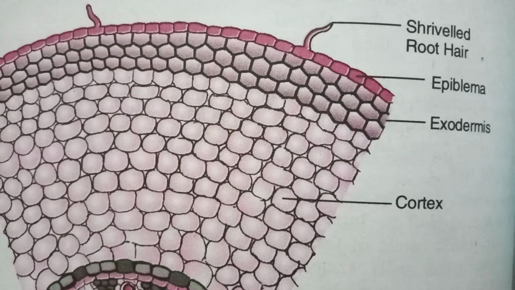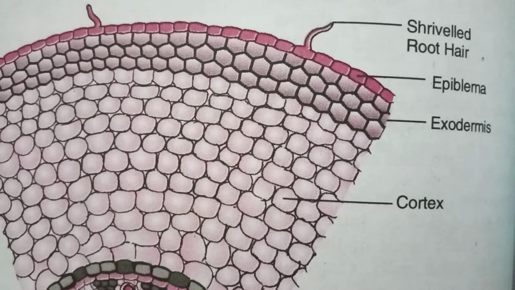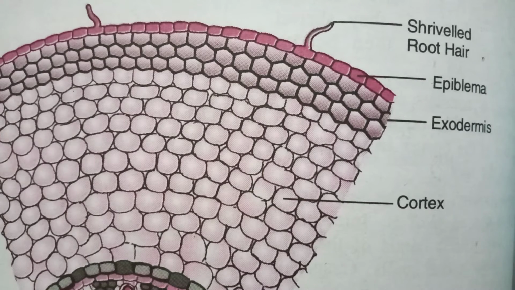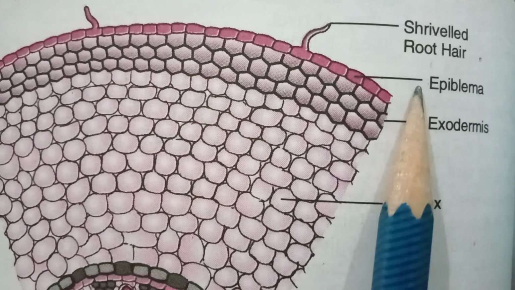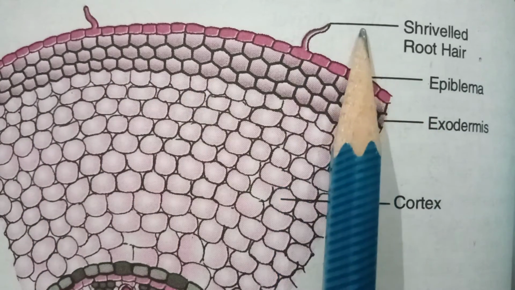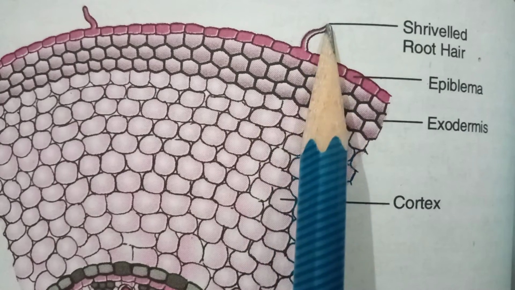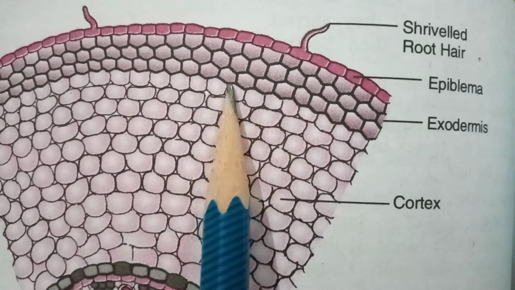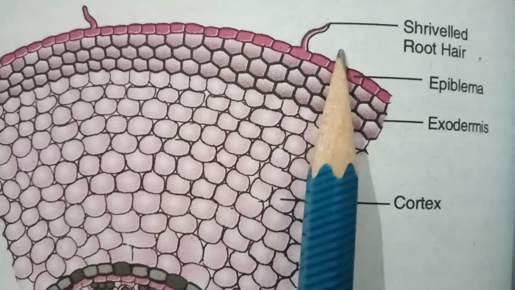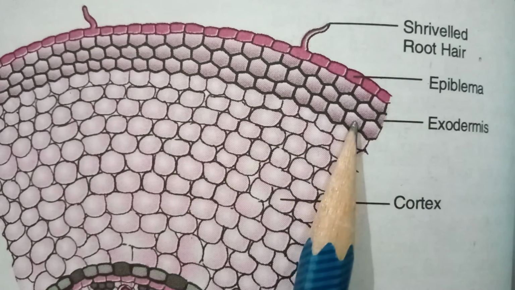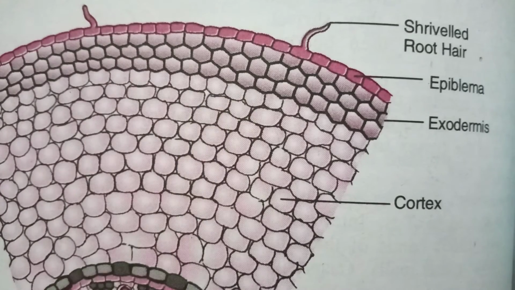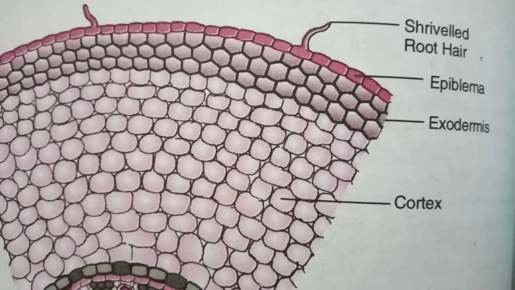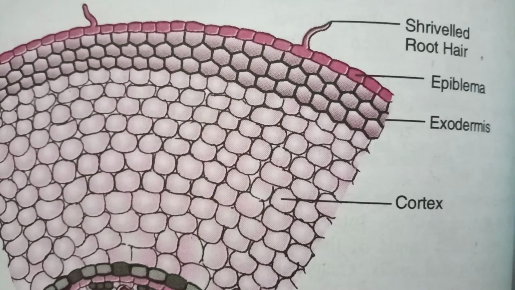Next is the monocot root. In the monocot root, similar to the dicot, we get the same types of structures. This is the outer layer, the epiblema, which consists of root hairs. When these roots mature, they shrivel and get destroyed. Following the epiblema is the exodermis, which consists of thick-walled cells. Then the cortex is present, which forms the bulk of the tissue.